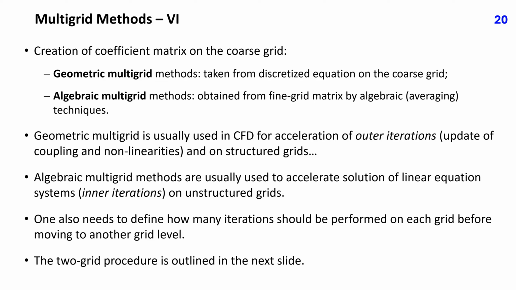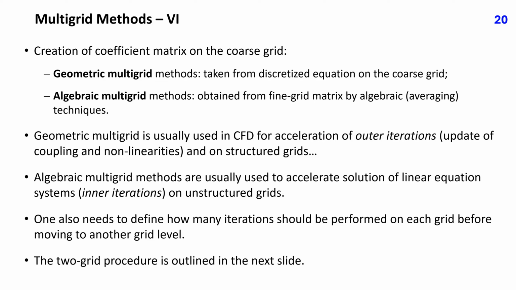The coefficient matrix on the coarse grid can be generated in many ways. Geometric multigrid methods use the matrix from discretized equation on the coarse grid. In algebraic multigrid methods, the coarse grid matrix is obtained from fine grid matrix by algebraic averaging techniques.